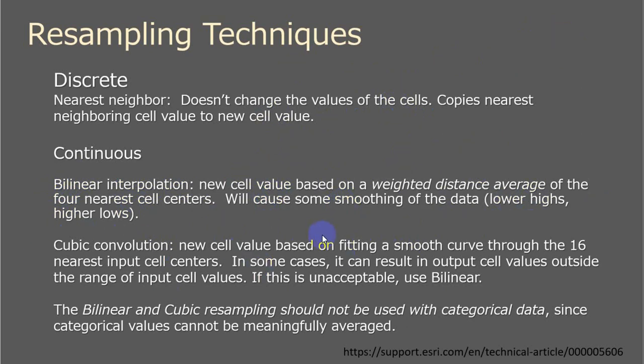Cubic convolution is a curve that's fit through the 16 nearest input cell centers, but because it's fitting a curve, you can sometimes end up with cell values that are outside of the range of your input cell values, and so you just have to make sure you understand what kind of data you're working with and which one is appropriate.